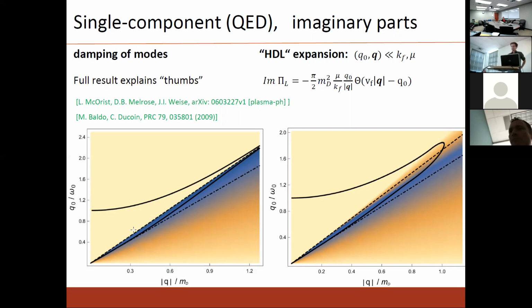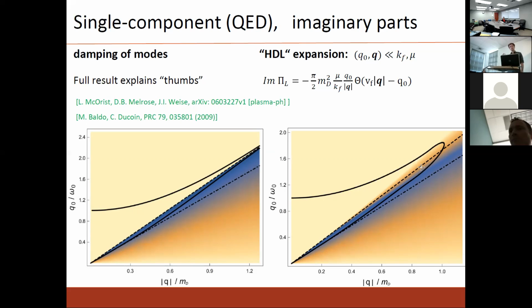What really happens is that if you don't do the hard-dense loop approximation, but you do the full momentum dependence, then the spectrum will set in smoothly but rapidly. And if you have very massive particles, such as protons, then the violation of the hard-dense loop criterion, that kF must be much larger than q0 and q, is much more strongly violated. So when you go to higher momenta, the imaginary part smears out around that value of vF times q.